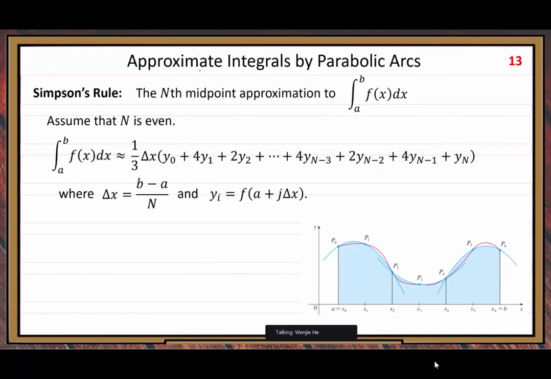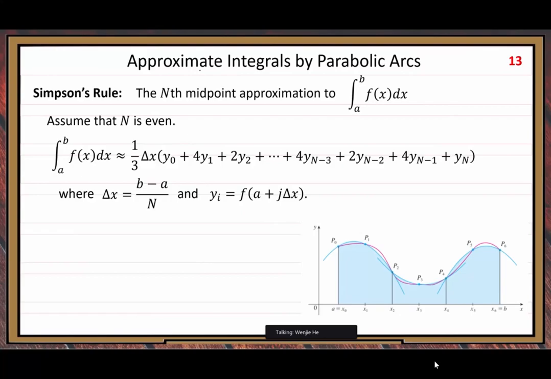We know the equation for a parabola, a quadratic function. This time we use a curve to approximate, not a straight line. The previous two methods use straight lines.